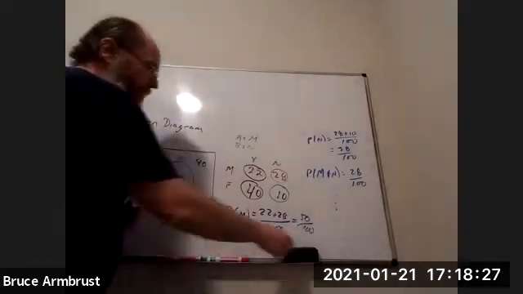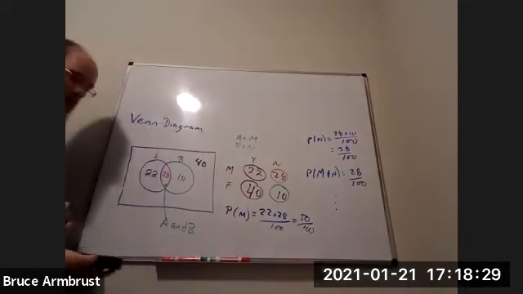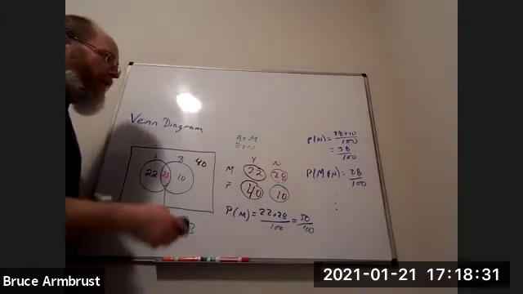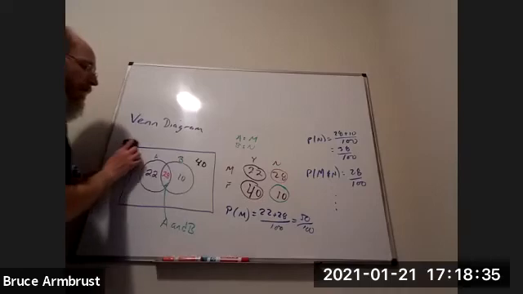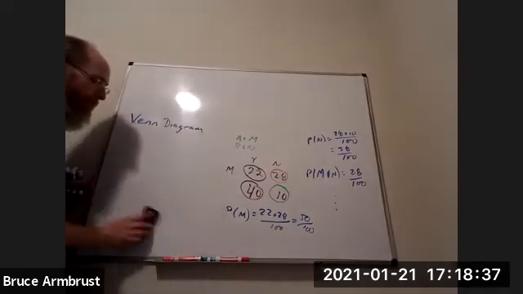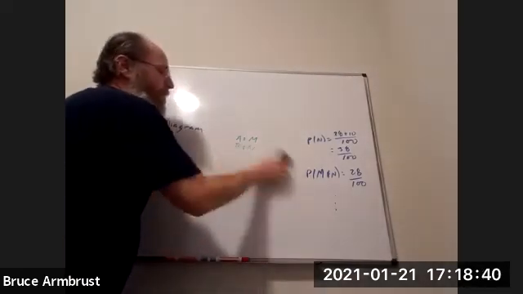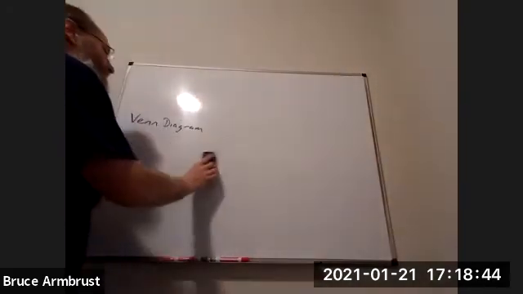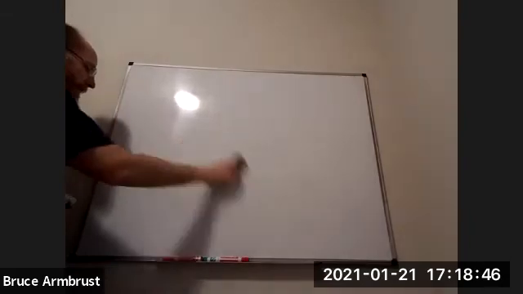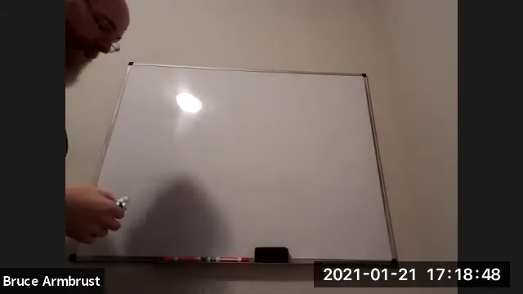The other thing that we can use that's kind of helpful, especially when we're trying to calculate how many different possibilities there are for different events, is what we call a tree diagram. And a tree diagram is exactly what it sounds like. It's branches of a tree.